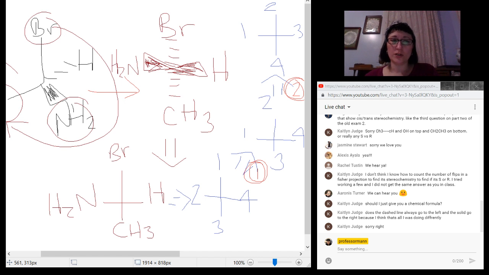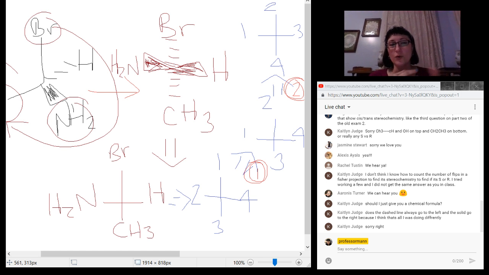Another way you could have done it is to put the hydrogen on top, the NH2 down, the bromine on the right and the methyl on the left. You would have still had to do the same thing and you still would have gotten R stereochemistry. So it really depends on how you like to view it and flip it. If you like doing that in your mind and you're good at it, you can. And if not, you need to use a model kit.